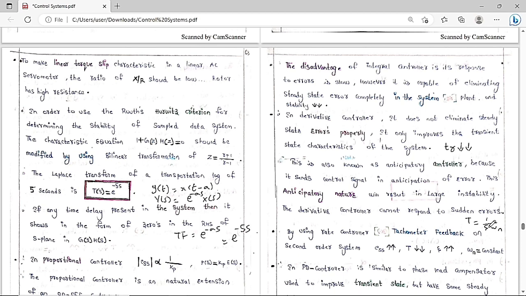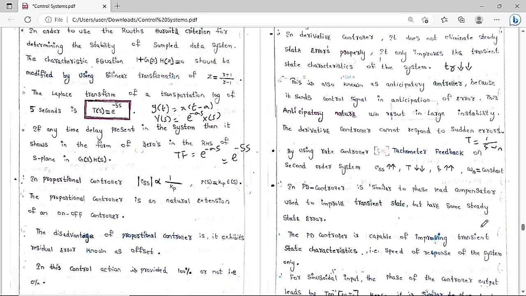As zeta increases and omega n is constant, the time constant will decrease. So these things you always have to keep in your mind.